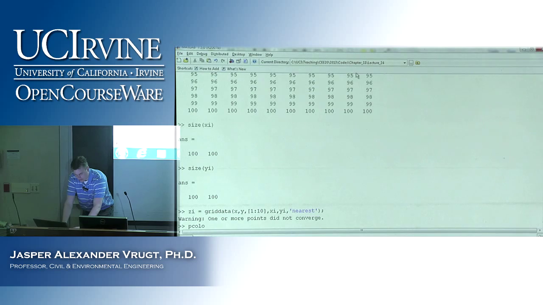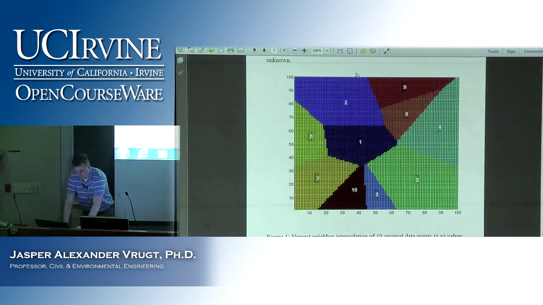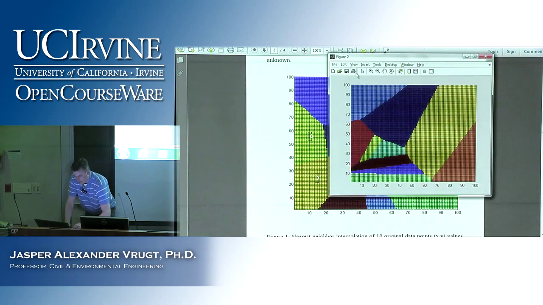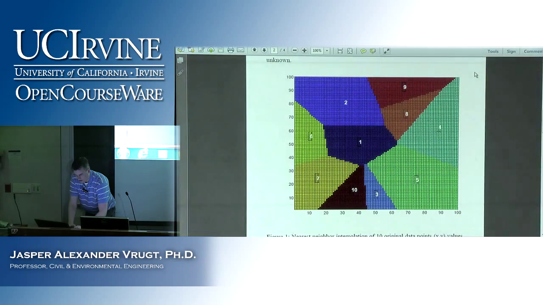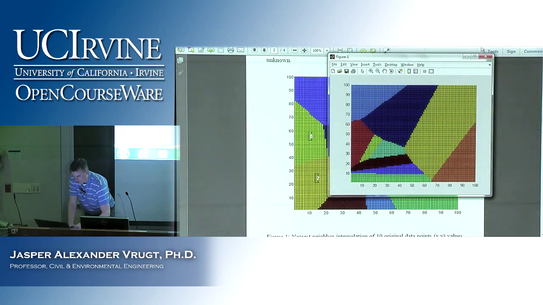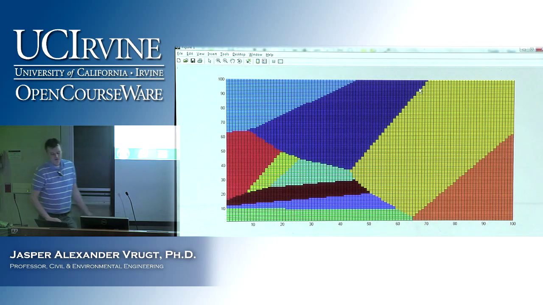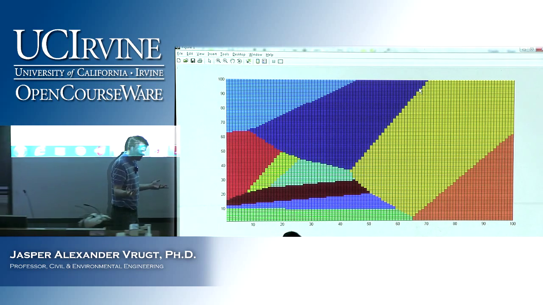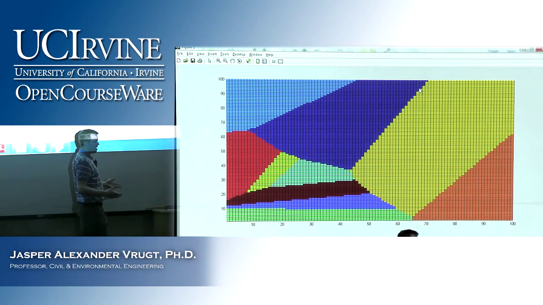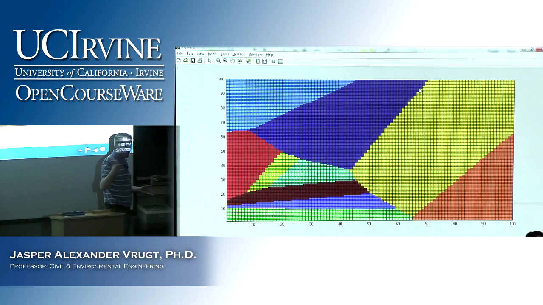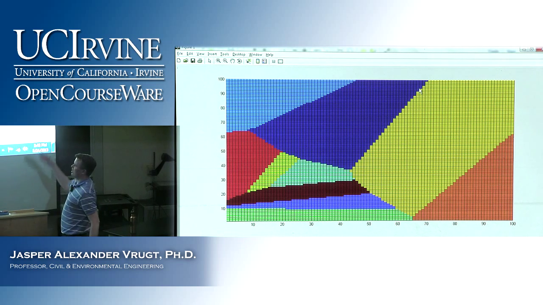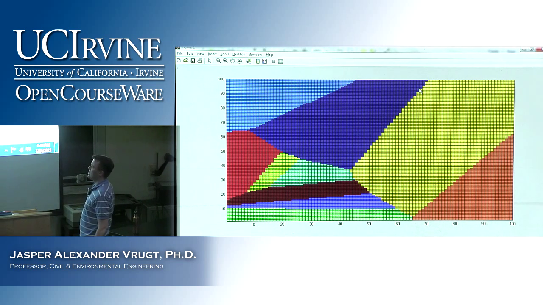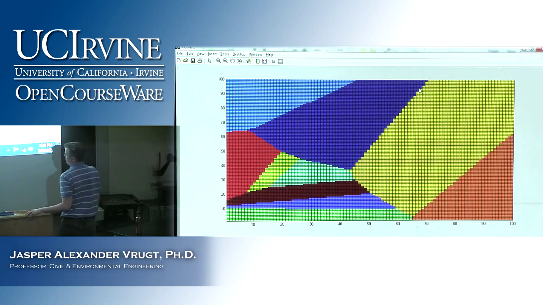It's not supposed to give an error. If I use a pcolor here, this is the map that I get from this. So based on the randomly created X and Y points, and I interpolate those points to a map that's 100 by 100, this is the result I get when I use nearest neighbor interpolation.